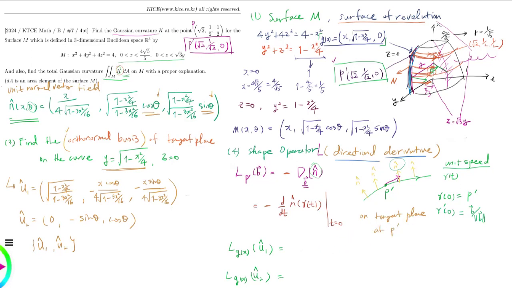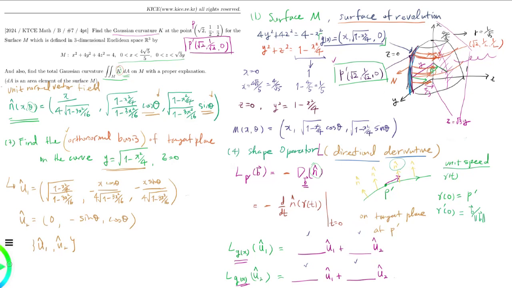So since u1 and u2 form an orthonormal basis of the tangent plane at the point g of x, it will have a linear expression with respect to those two bases. Okay, so I want to figure out its coefficients.